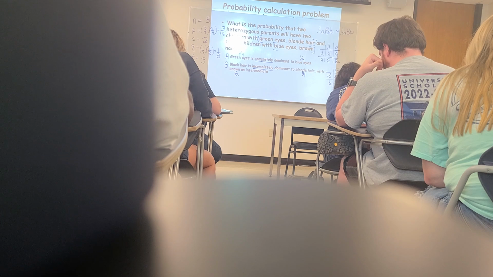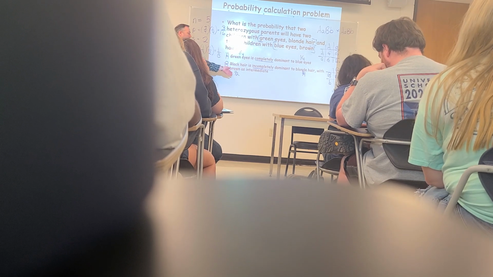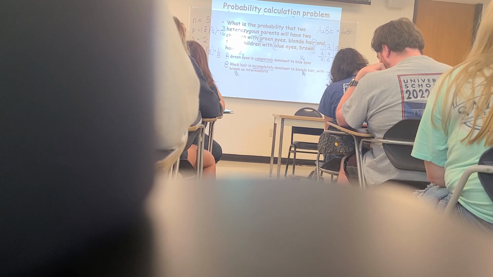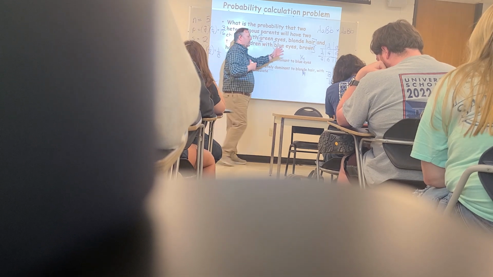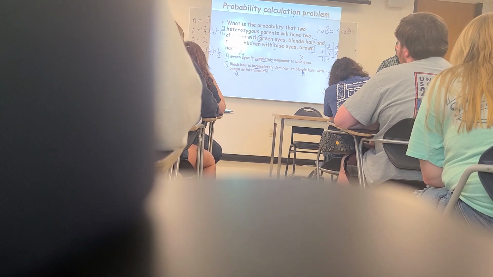So who is stuck without having to get 3/4, 1/4, 1/4, and 1/2? Who doesn't understand how we use the Punnett squares over here to find the probabilities of each of the phenotypes? Okay.